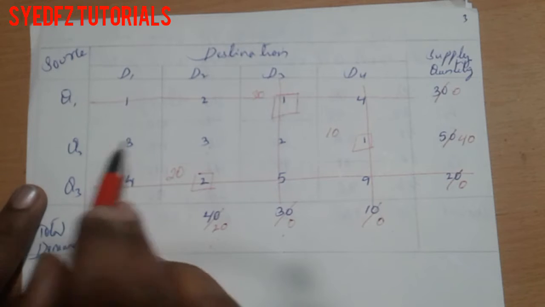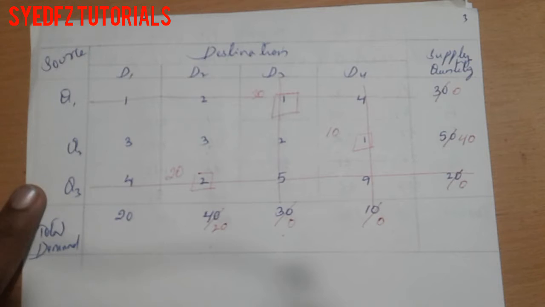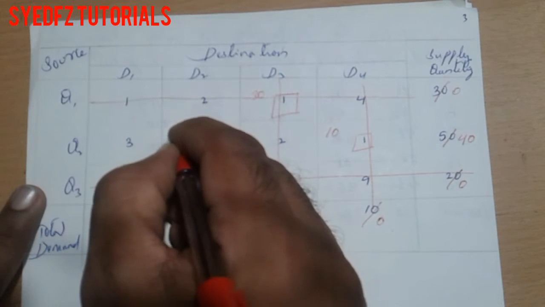Now we have only two 3s. We have 20 demand here and 20 here, so directly allocate 20.